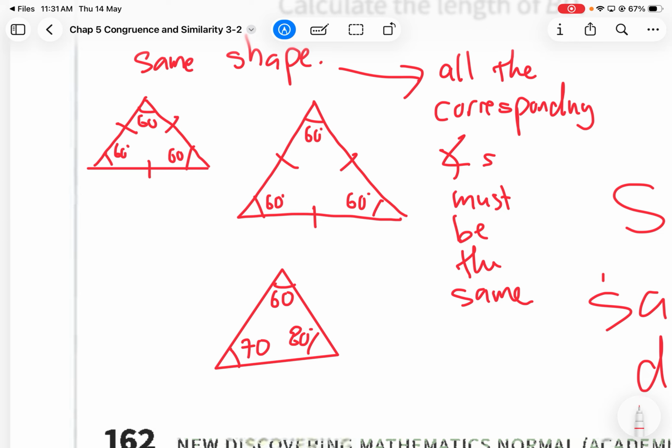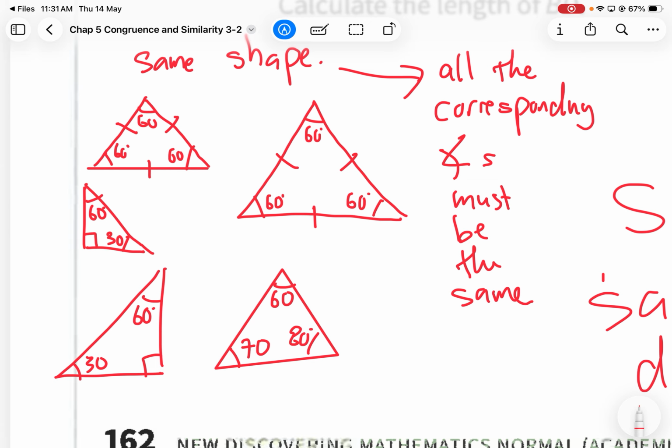Okay? Let me give you another example. Just now, Cyrus said right angle triangle. So if I have a 90 degree, a 30 degree, a 60 degree, then I have another triangle, 90, 30, 60. Can I say they have the same shape?